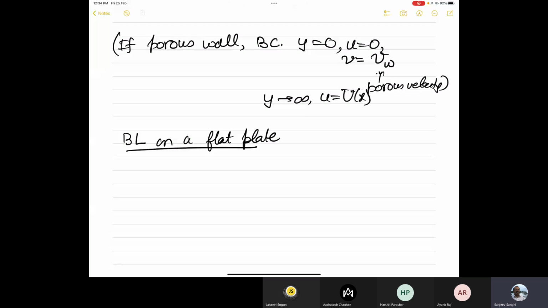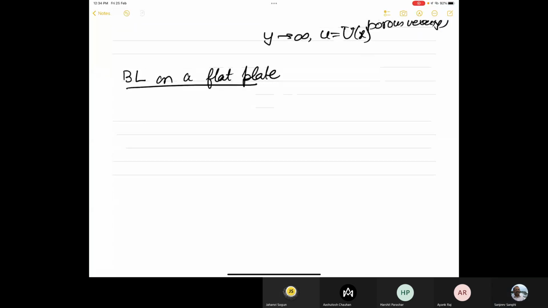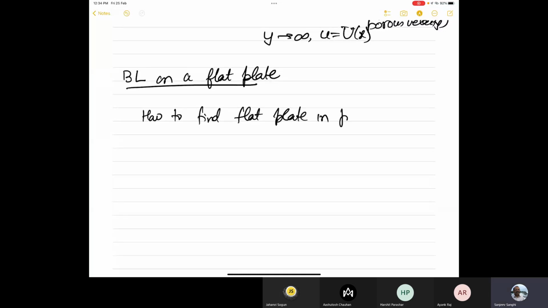Because basically we need the potential flow solution. So first we have to see how to find a flat plate in potential flow. Any answers?